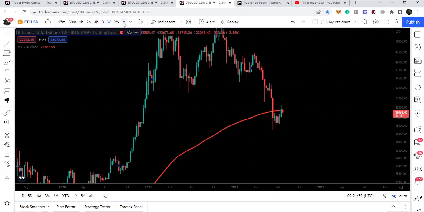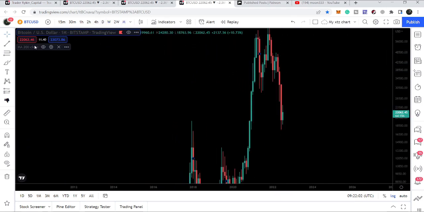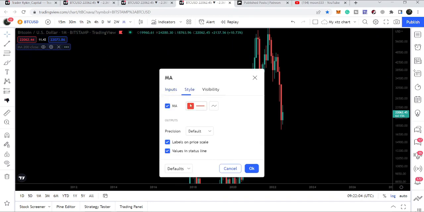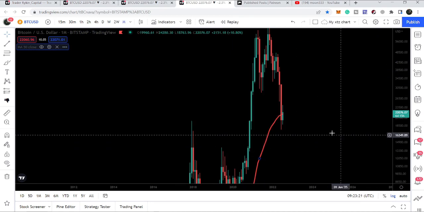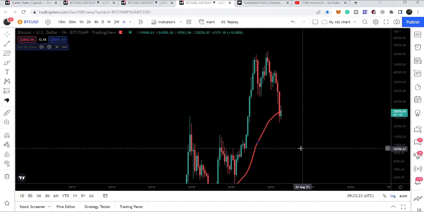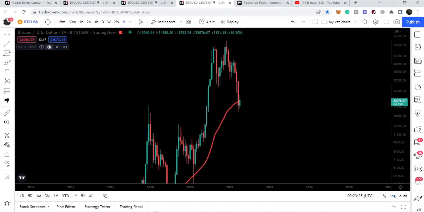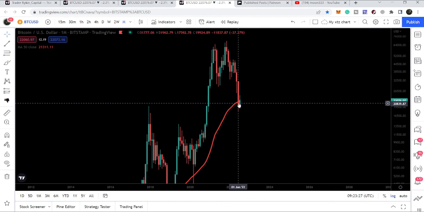But if we switch to the monthly time frame, and if we watch the 50 monthly simple moving average, I'm just going to change the value of this moving average from 200 to 50. Then you can see we are having the support of this 50 simple moving average. The value of 50, you can watch the value here, is right now $21,600, and we are above this support.